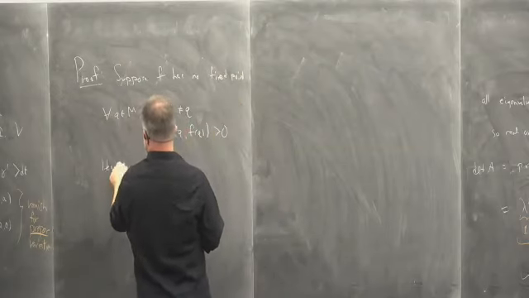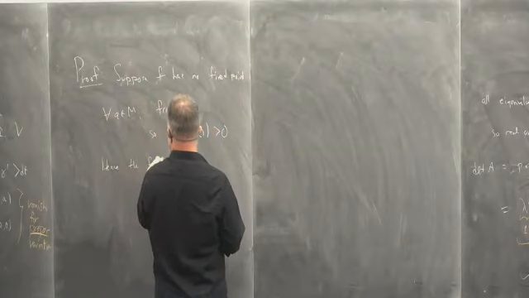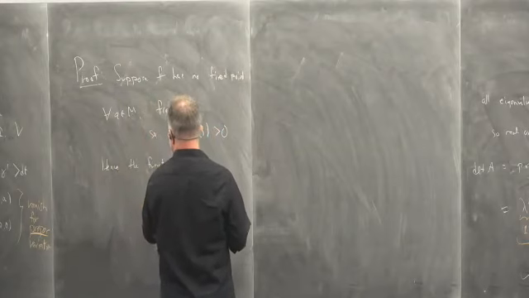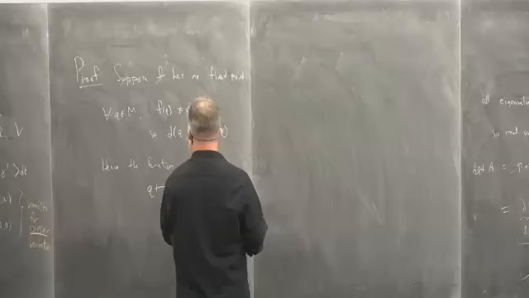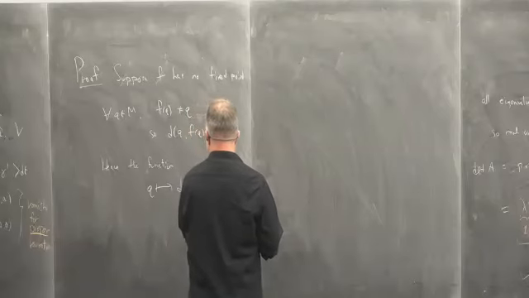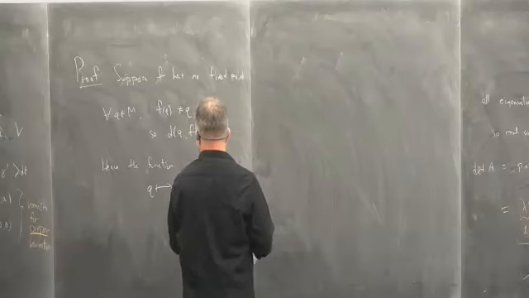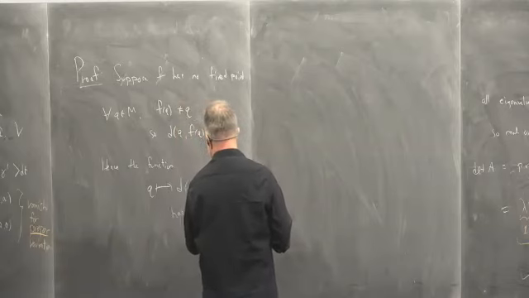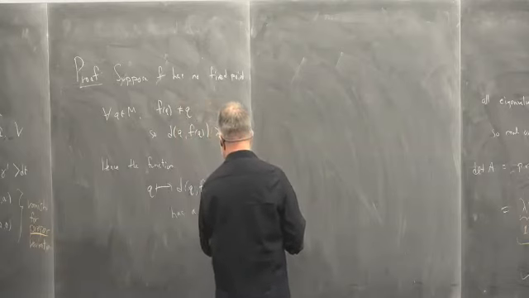Hence the function that sends Q to the distance from Q to f of Q has a positive global minimum.